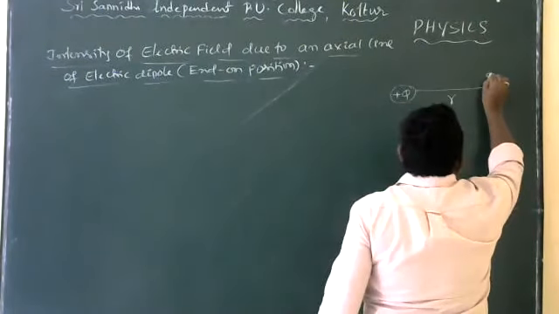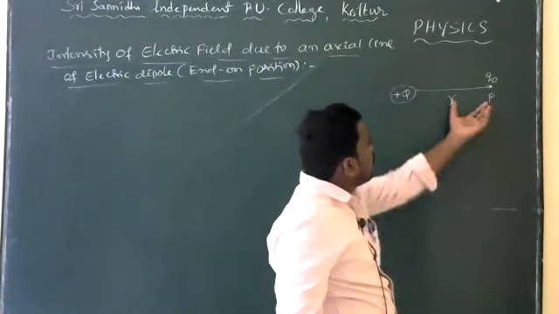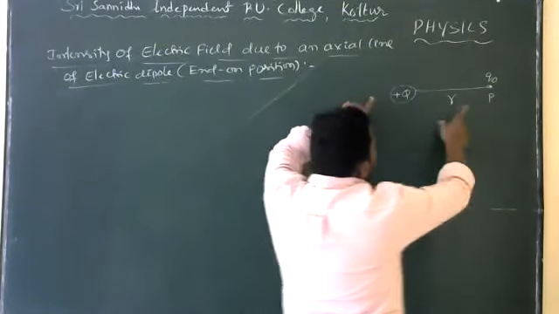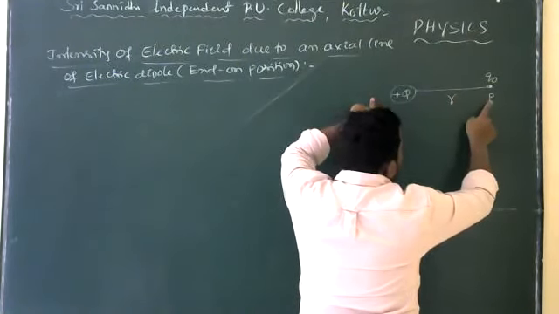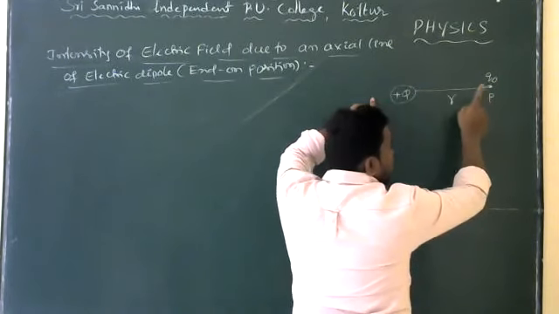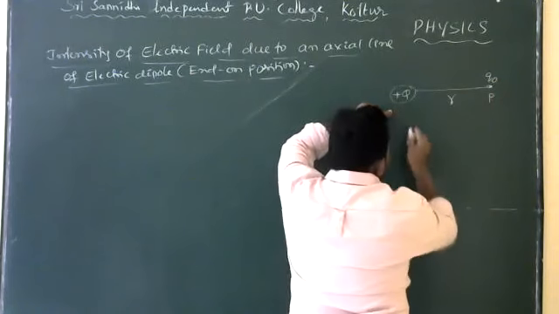Now if we take the test charge q1, the intensity of the electric field at point P due to the plus Q charge is given by the formula 1 by 4 pi epsilon naught, Q by r square. This is a very important formula, used in these two questions.